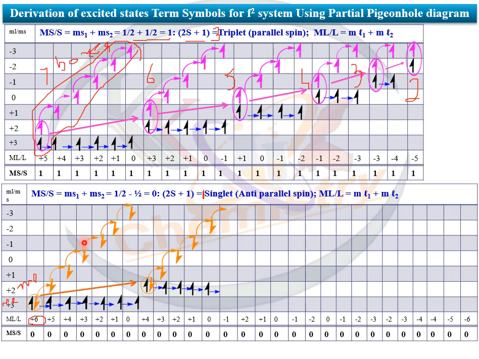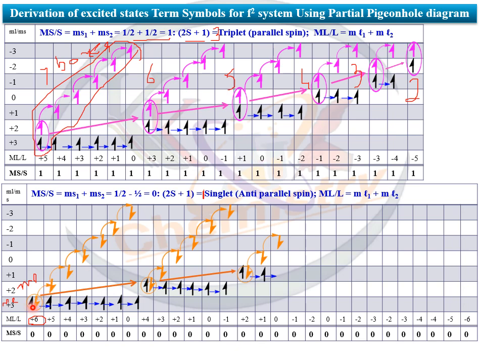Now again, a question might be in your mind: how to determine the term symbols for this particular set of electrons. Well, first the triplet ones. We have set 1, set 2, set 3.